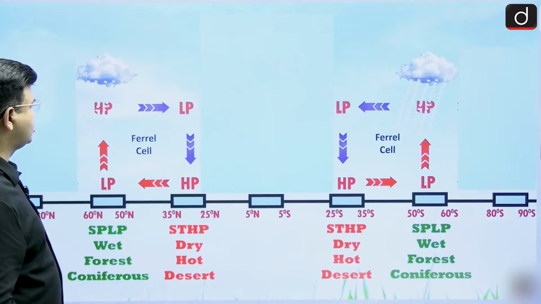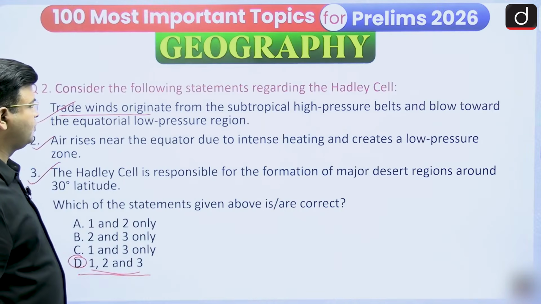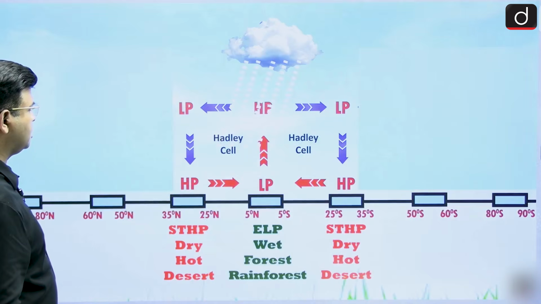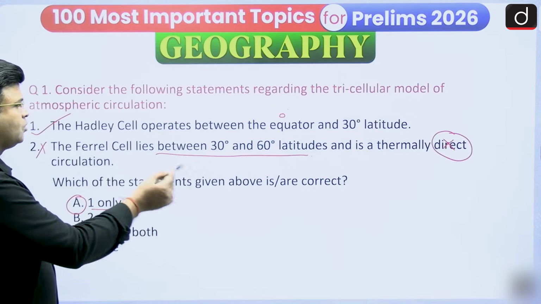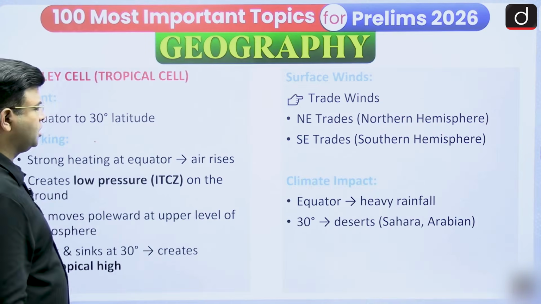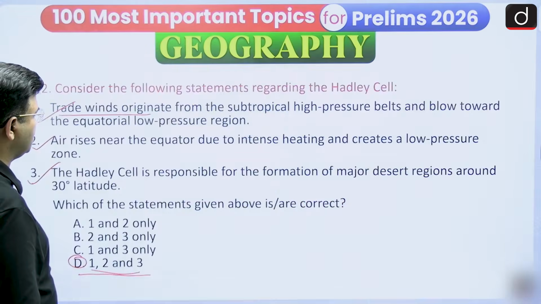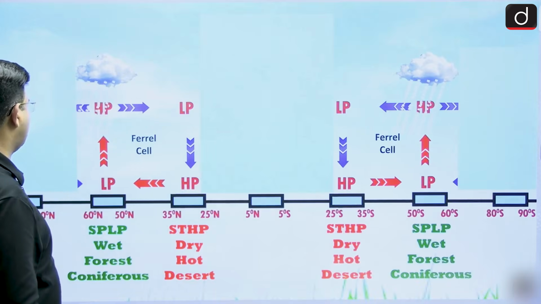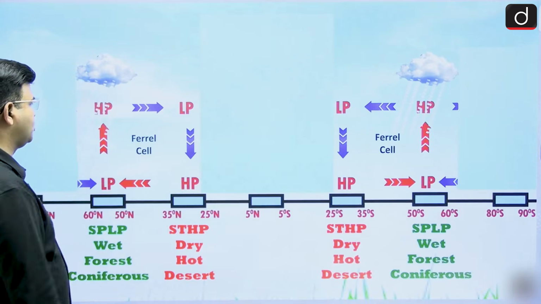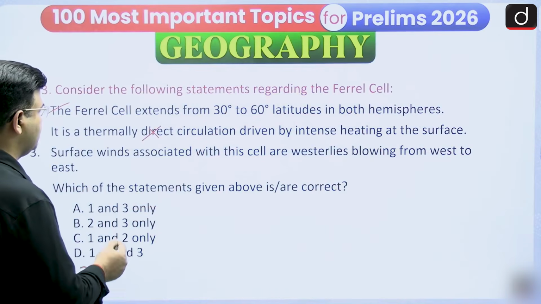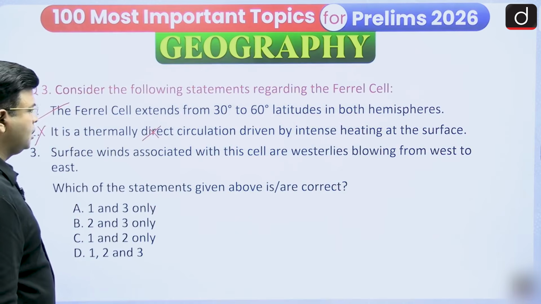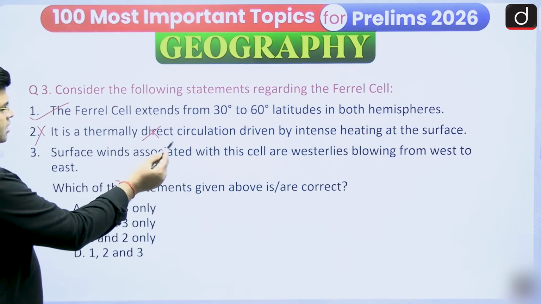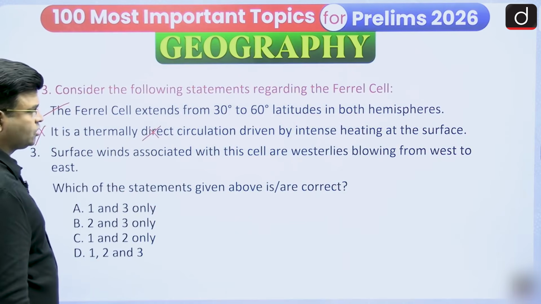We have seen the same kind of question in the earlier part also. The Ferrel cell is thermally indirect, so not a direct one. So again this statement is wrong, that it is a thermally direct circulation driven by intense heating at the surface.